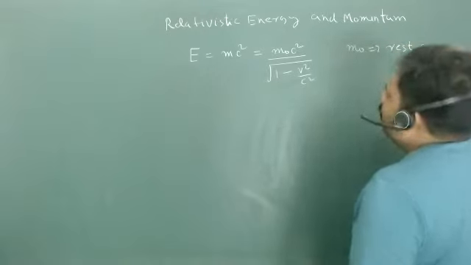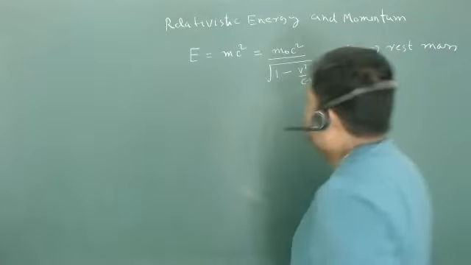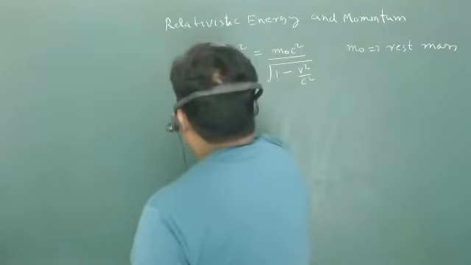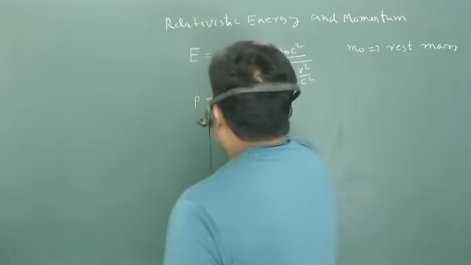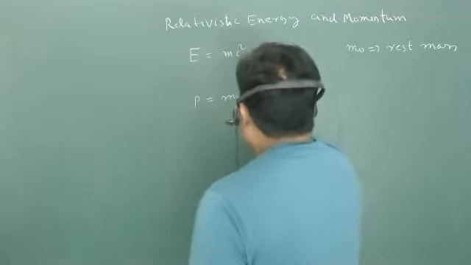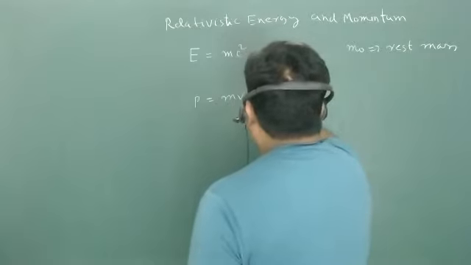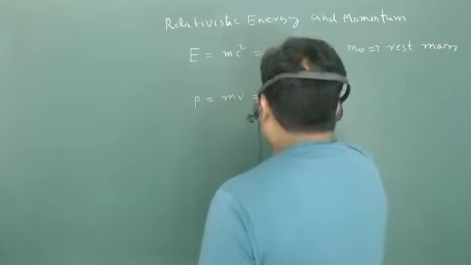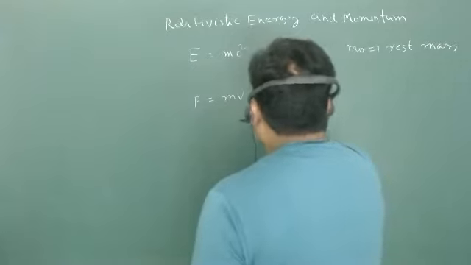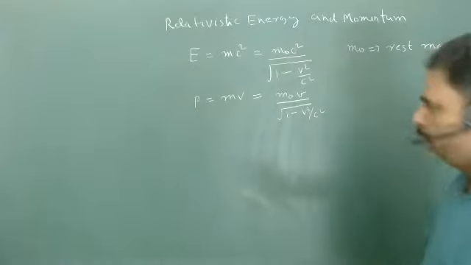Now we have momentum, and here I am just talking about magnitude. This momentum is nothing but mv, which is m naught v over the square root of 1 minus v square upon c square, where v is the speed of the particle.